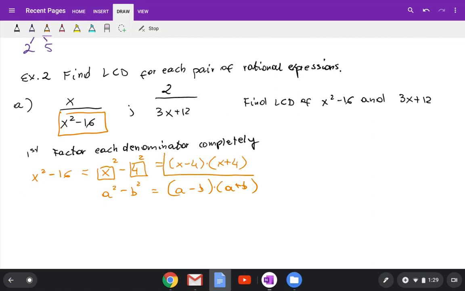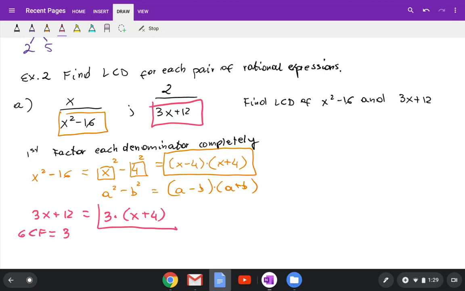Okay, so we factored x squared minus 16. Now we're going to factor the second denominator, which is 3x plus 12. Here, you can only factor out the GCF, the greatest common factor, which is 3. And that will be 3 times x plus 4. Okay.